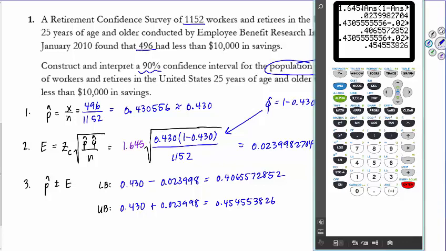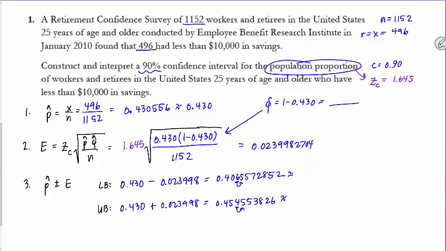Probably here we'll round to 3 or 4 decimal places, so if I go to 3, that will round to 0.407 and 0.455. So we can say between 40% and 46% of workers and retirees in the United States have less than $10,000 in savings. 0.407 to 0.455.